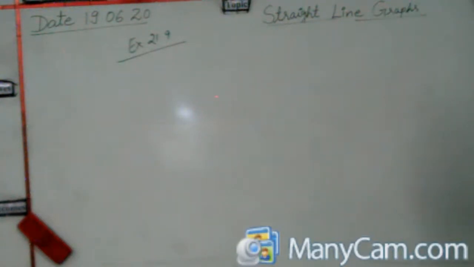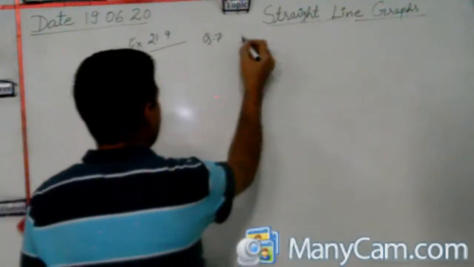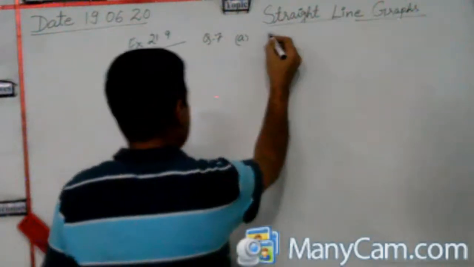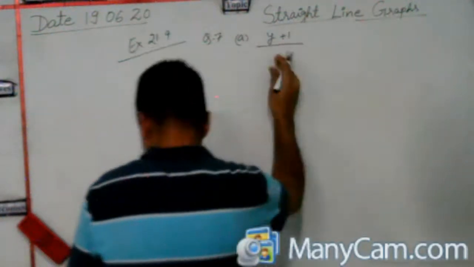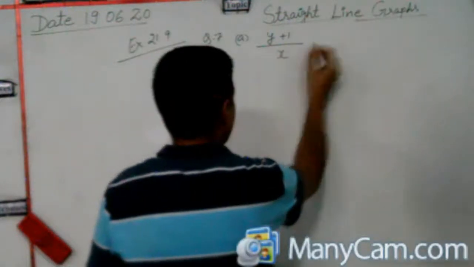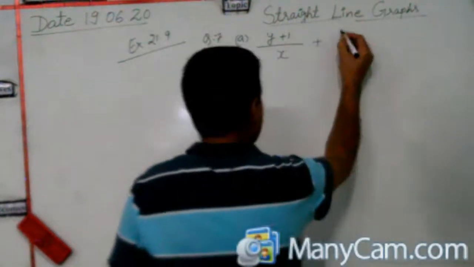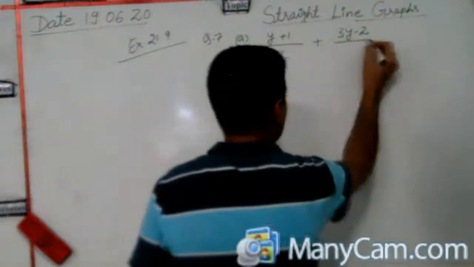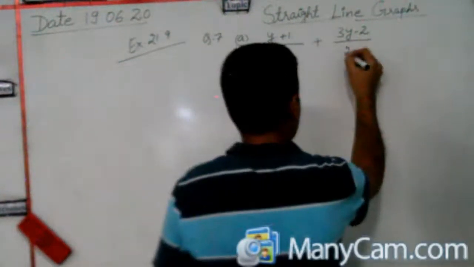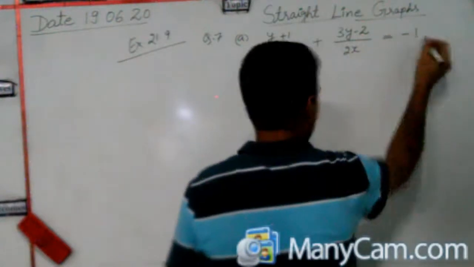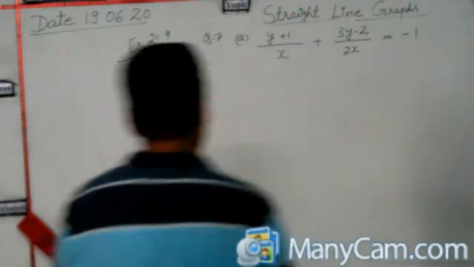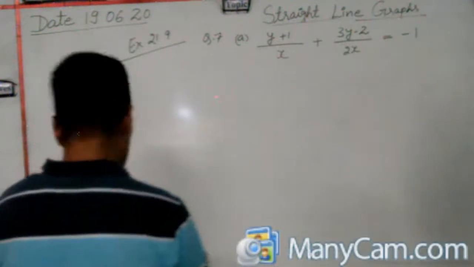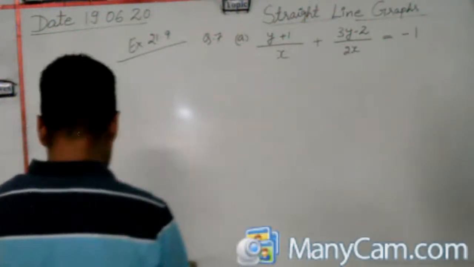Like question number 7, A part. We have y plus 1 upon x plus 3y minus 2 upon 2x is equal to minus 1.